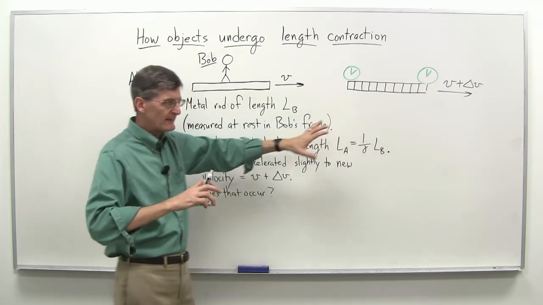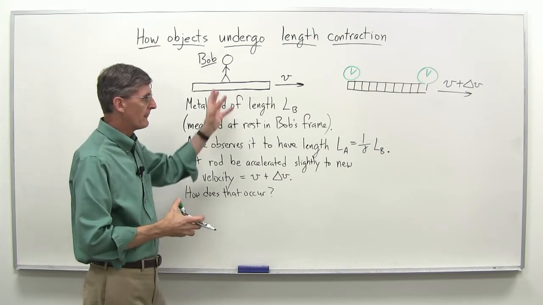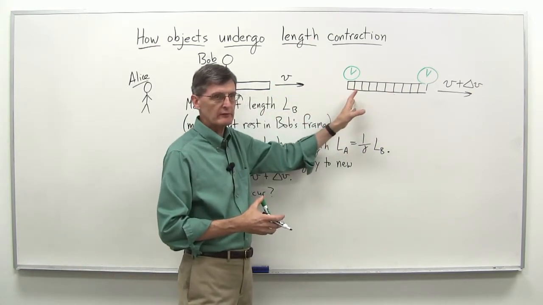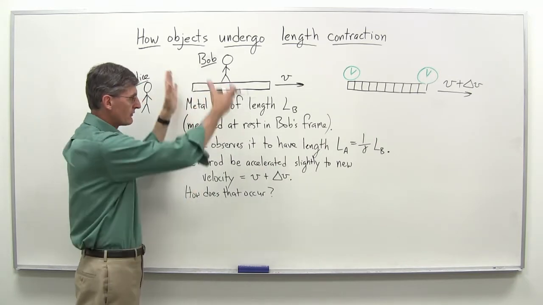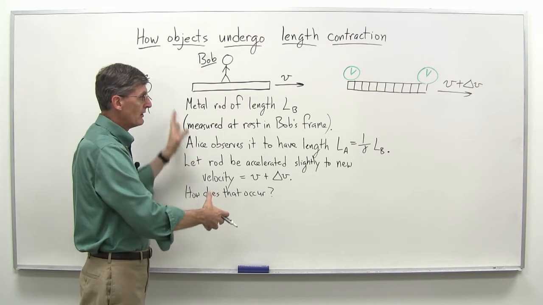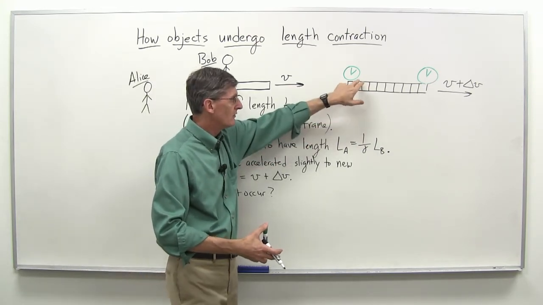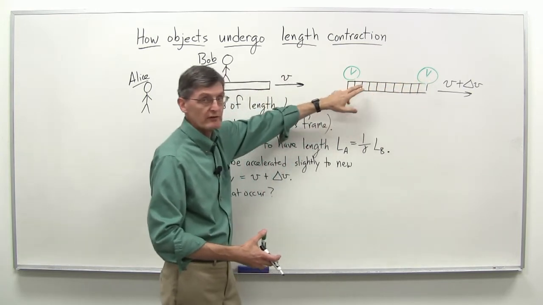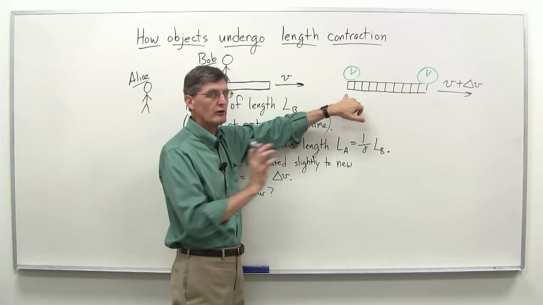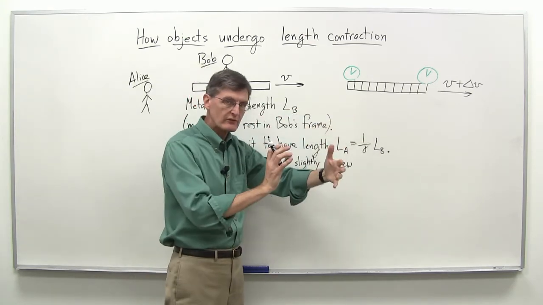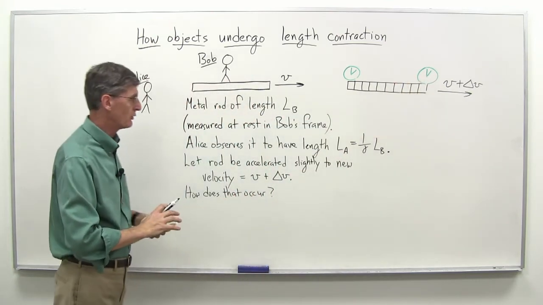Okay, so hopefully that gives you an idea of how things actually undergo length contraction, that it has to do with the relativity of simultaneity. You can keep a proper length, a rest length, constant in Bob's reference frame, but when you need to move it up to a new velocity, then to do that, even though it's synchronized in Bob's frame, it's unsynchronized in Alice's frame, and that means the back gets a little push first, and so it compresses a little bit, so the length contracts before the front gets its little push there.